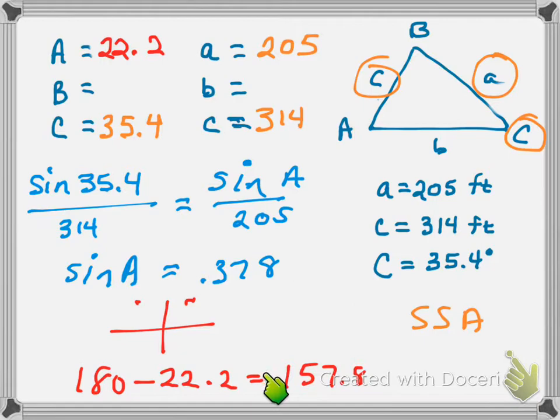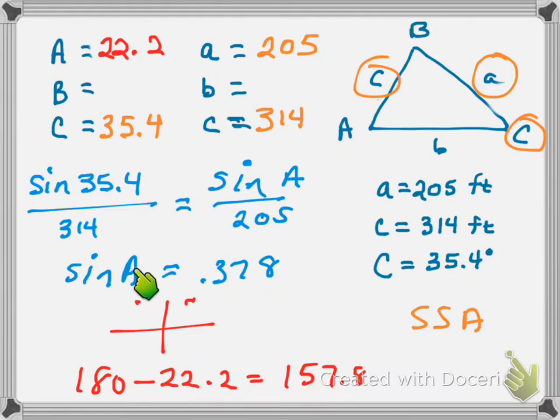So we have to consider the possibility that maybe a second triangle exists with this being angle A. But think about that. If this were angle A and this were angle C, then my triangle would have more than 180 degrees of angle measure. So that's impossible. This is one of those scenarios where only one triangle exists.